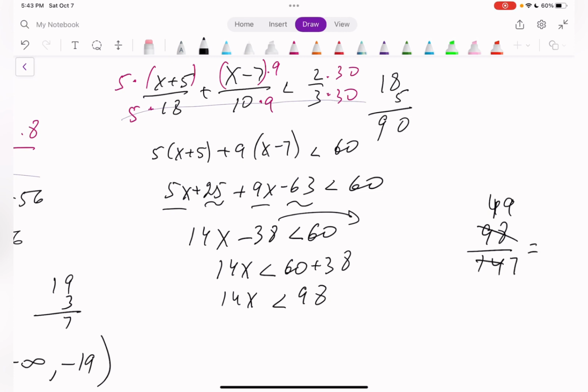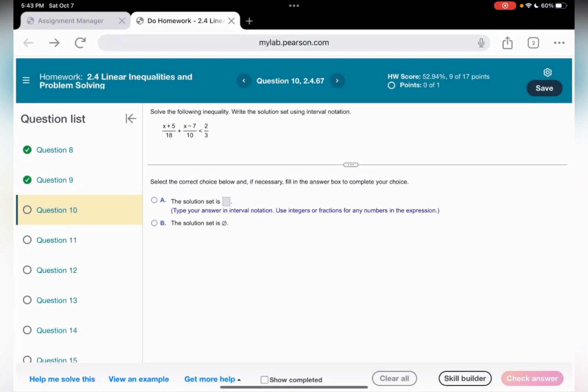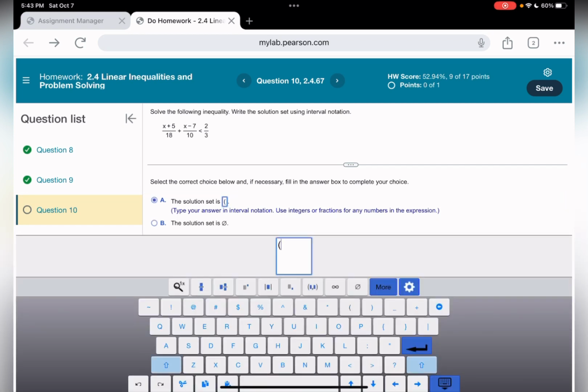Oh, 7 times. Okay, very good. So x is less than 7: parentheses, negative infinity, comma, 7, parentheses.